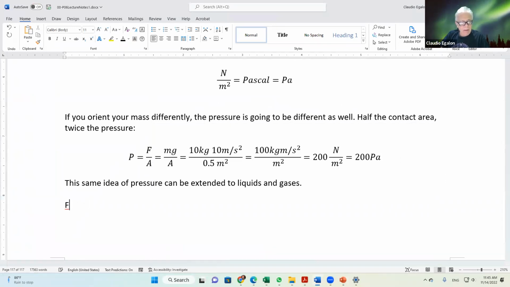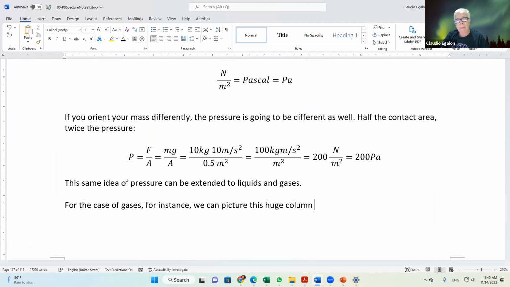For the case of gases, for instance, we can picture this huge column of air exerting a large weight over your head.